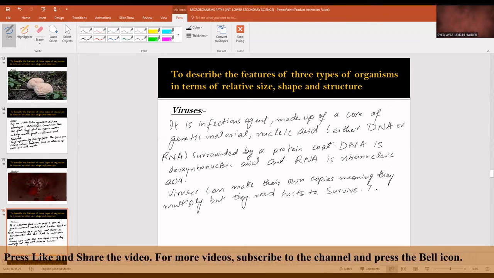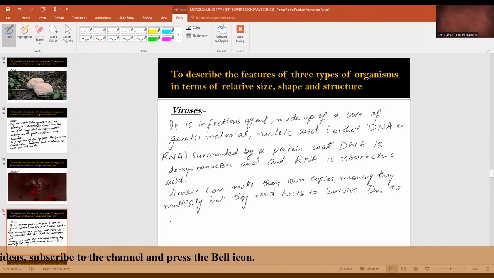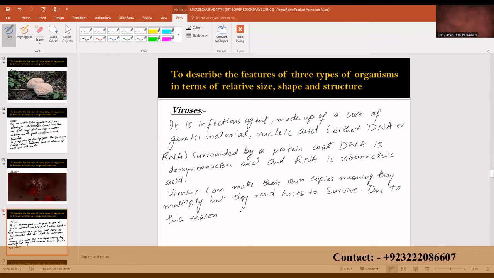Due to this reason, sometimes viruses are not considered as living organisms.